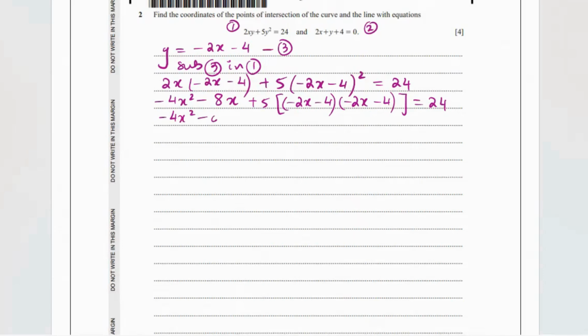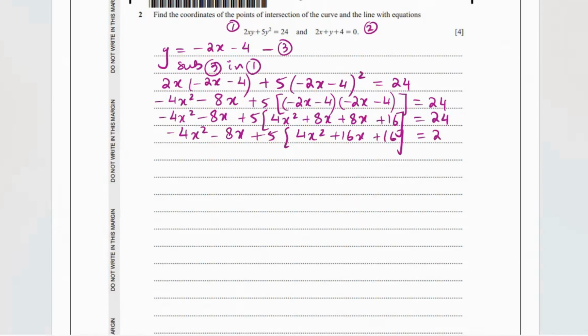Negative 4x squared minus 8x plus 5 bracket 4x squared plus 8x plus 8x plus 16. Collect the like terms. So that's going to be 4x squared plus 16x and plus 16. Then we're going to expand the bracket and multiply 5 with all of the terms inside the bracket.